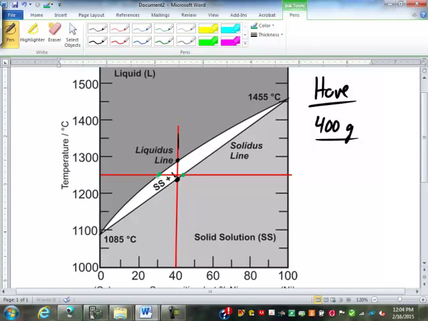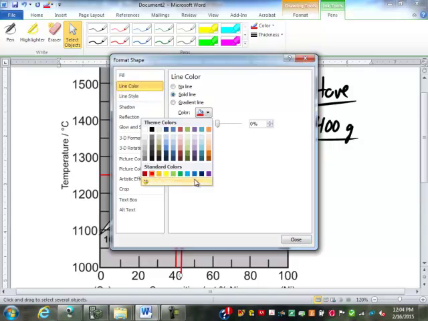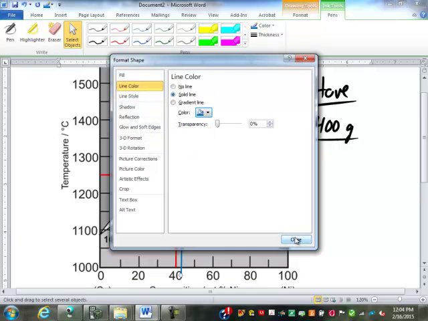This part here is solid. What it'll be is a mush, where I'll have liquid with solid chunks floating around. Well, the liquid part is going to be this composition right here. Let me move a line over there to represent that. So at that point right there, I'm going to change its color. So that is going to be liquid.